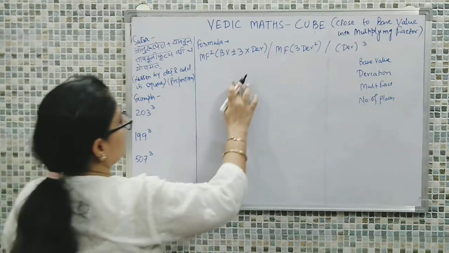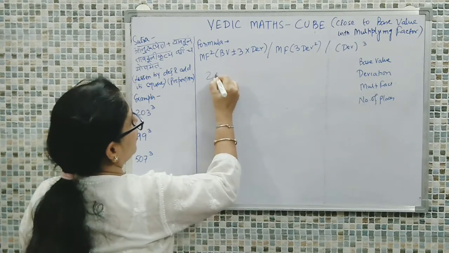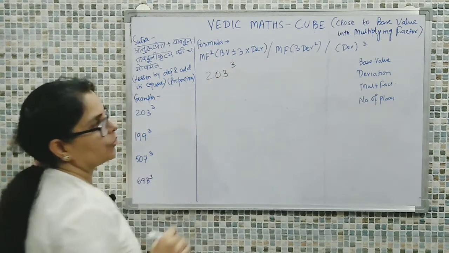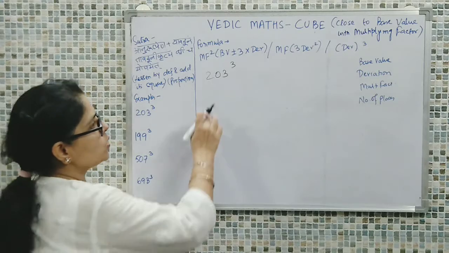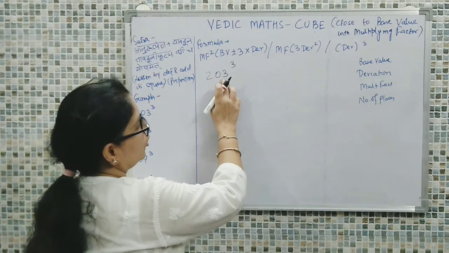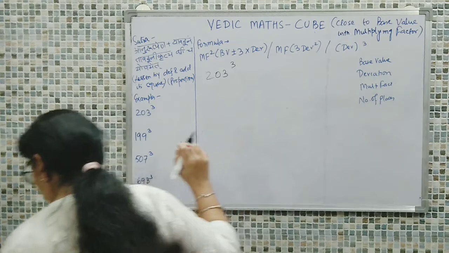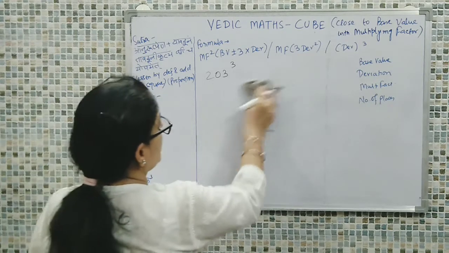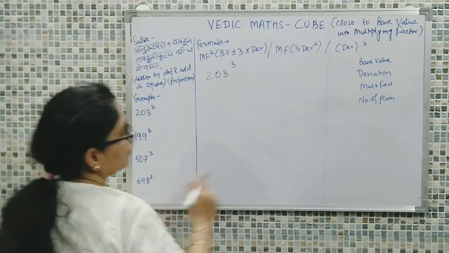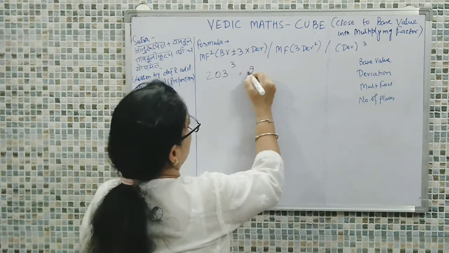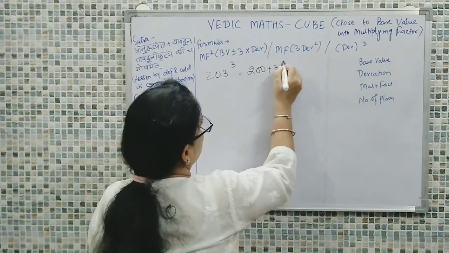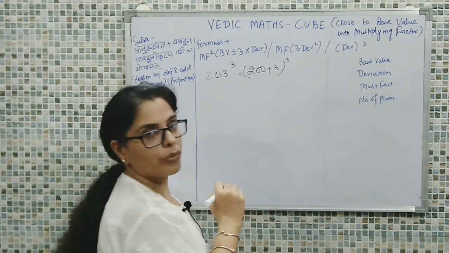Now, starting with the very first example, we need to calculate the cube of 203. The base value here is 200, so we can write it as 200 plus 3 whole cube, right?